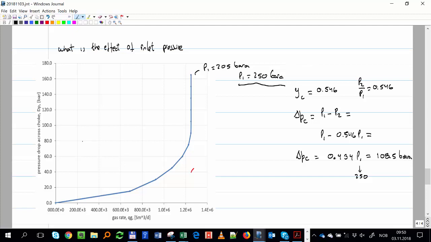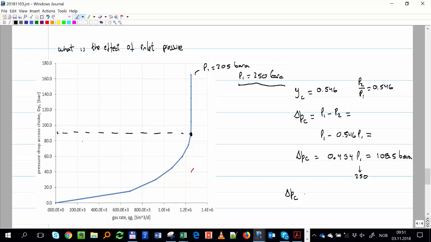So here, if you see, the critical is someplace here, for 25. How much is it for 205? Here we have the curve for 205.